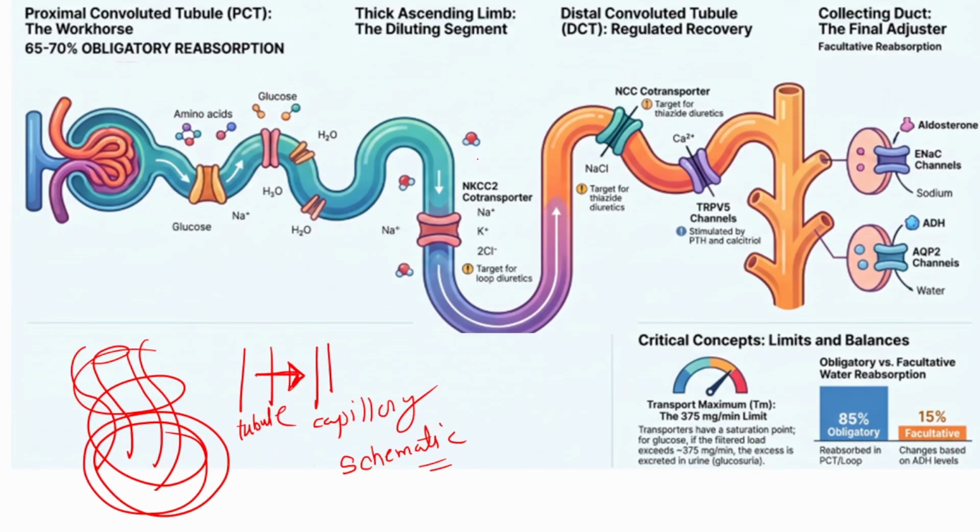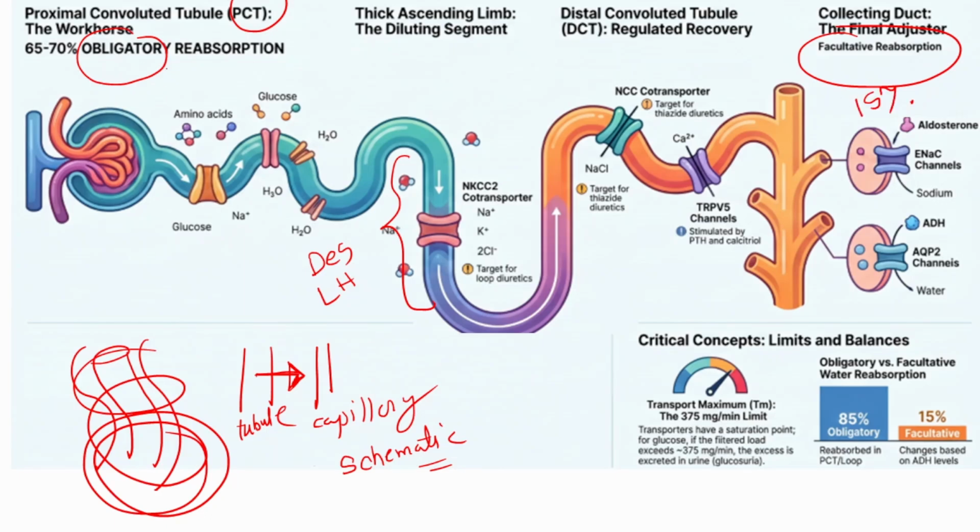We divide water reabsorption into two distinct physiological classes, which are obligatory water reabsorption, making up 85% of total recovery, taking place constitutively within the proximal convoluted tubule and descending loop of Henle. On the flip side, we have facultative water reabsorption, making up the remaining 15%.